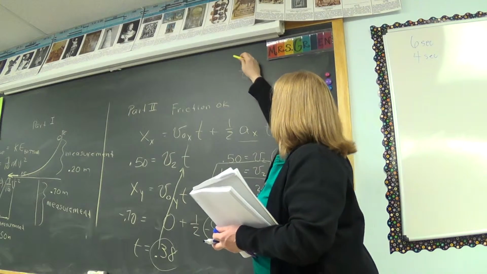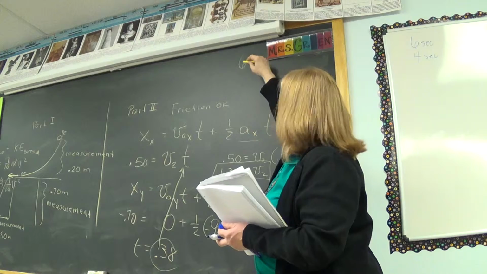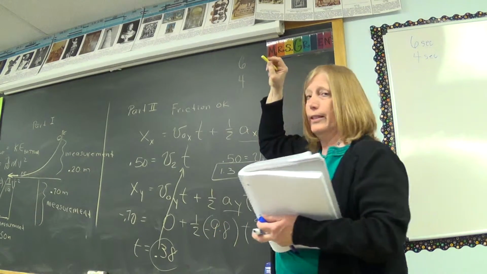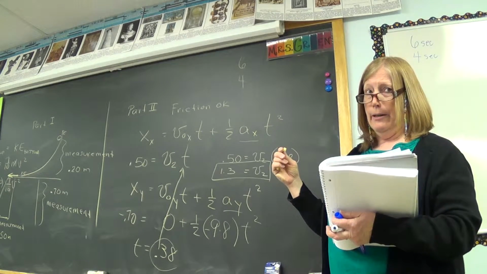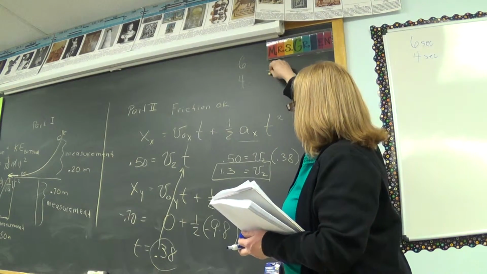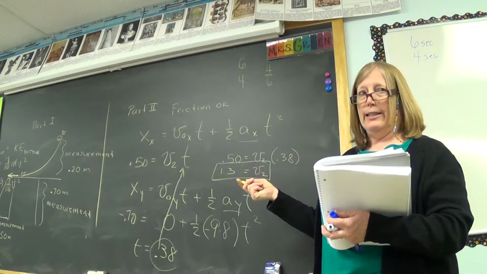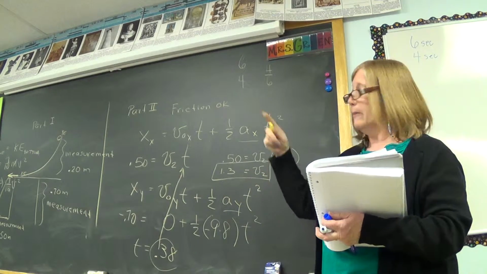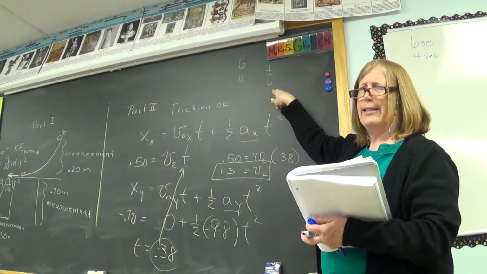So I ran around the room in 6 seconds, and then later I got in shape and ran around the room in 4 seconds. We take the lower number, divide it by the higher number, and that is called a ratio. It'll come up as a decimal, like 0.67.